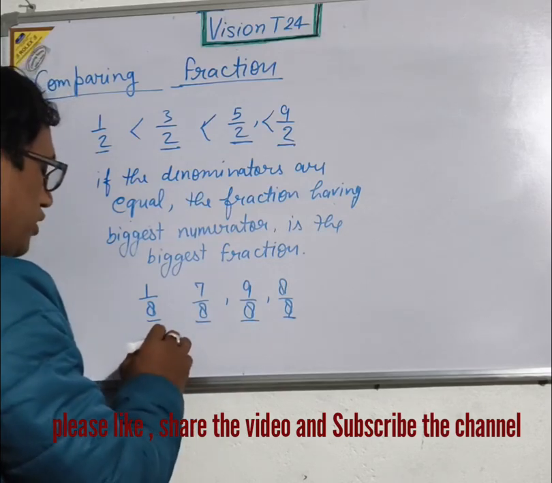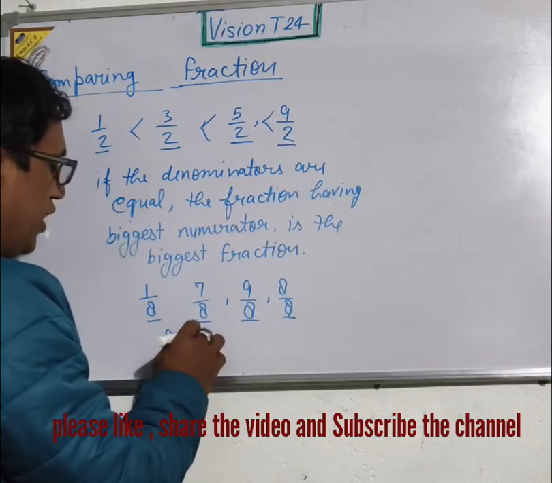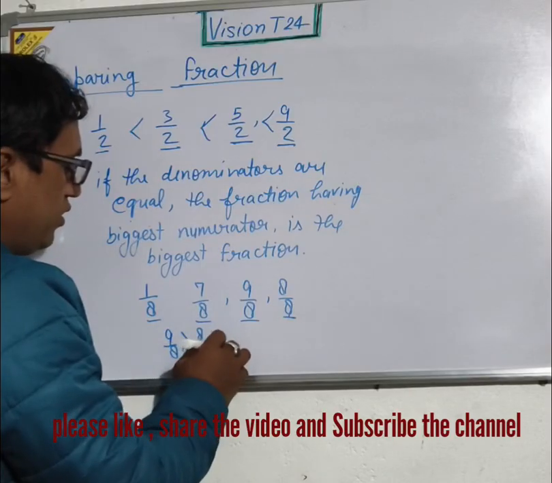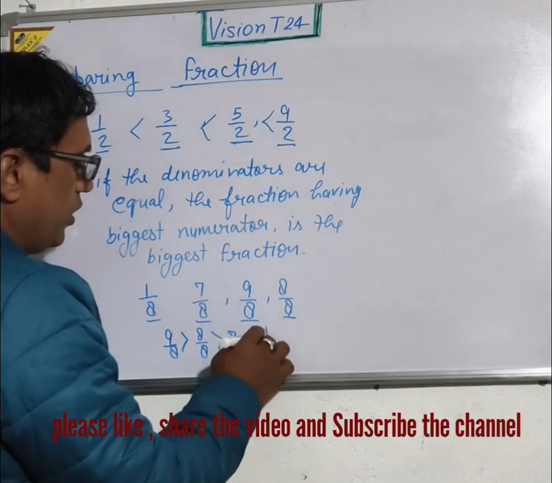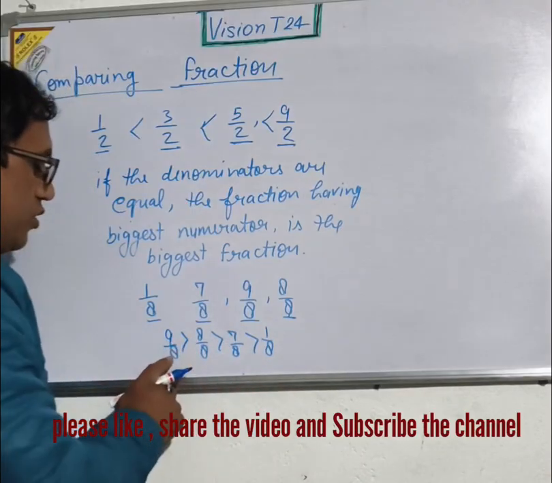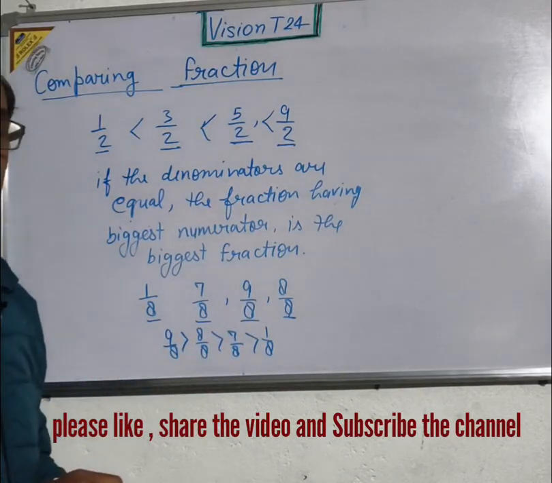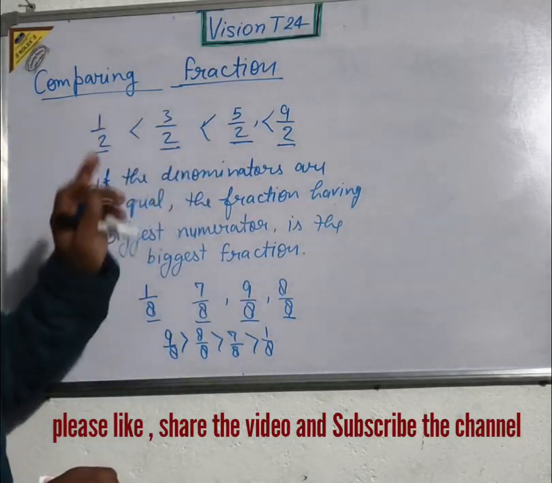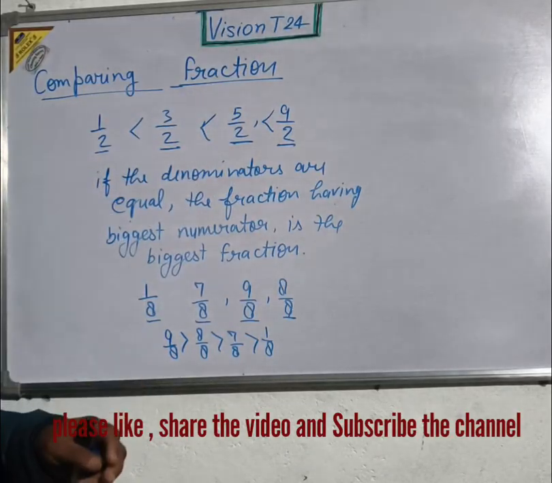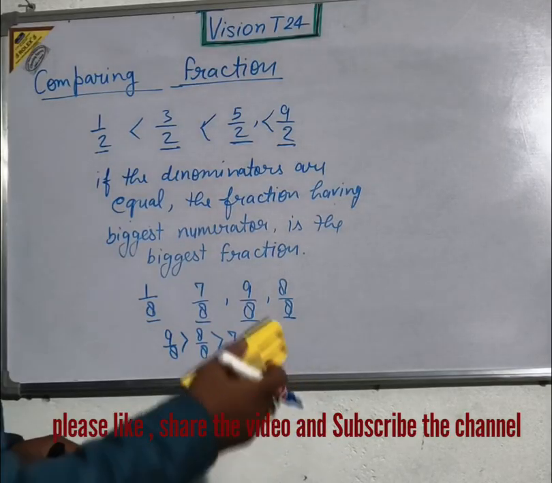If I arrange them: first of all 9 upon 8, then 8 upon 8, then 7 upon 8, then 1 upon 8. So the biggest one is 9 upon 8 and the smallest one is 1 upon 8. So what you have to see here? You have to see the numerators. This is the first rule. Clear? Now let me tell you the second rule.